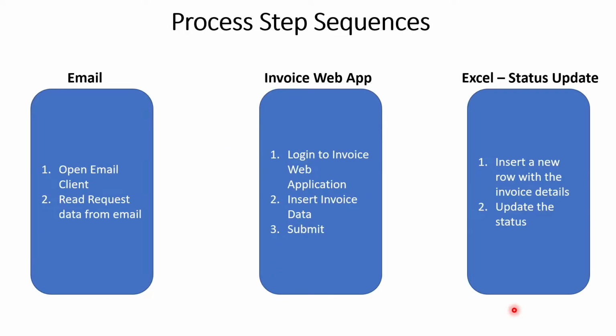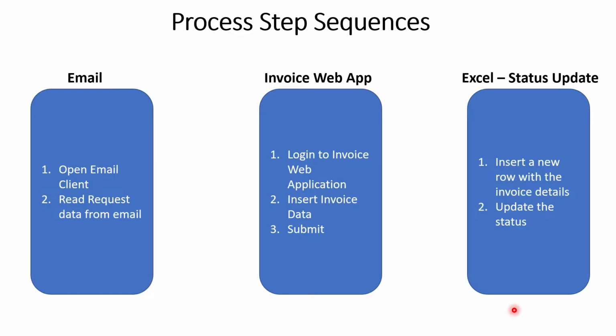To read an email, the user or Blueprism has to interact with the email client, right? Let's say I'm using Outlook. Blueprism will first open the email client, then read that particular request, the data from that request to generate the invoice.